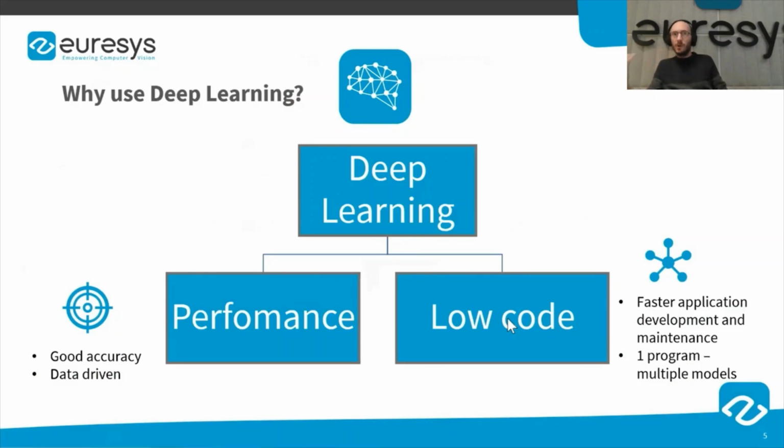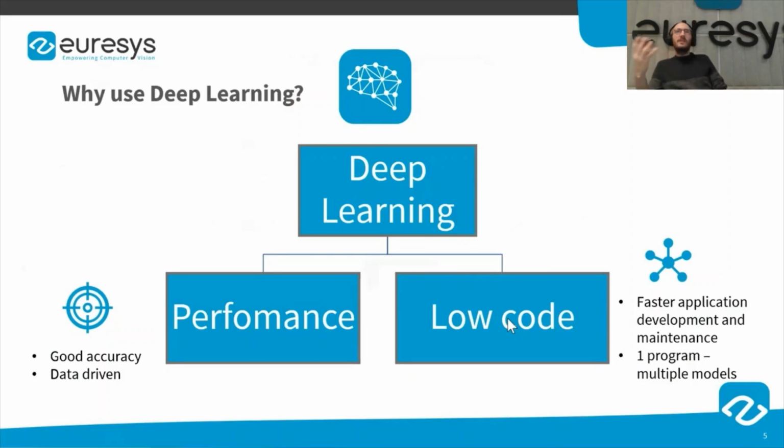Also, from a certain point of view, deep learning applications are kind of low code. By that, I mean that the part of your application that will do the deep learning inspection will require few lines of code compared to traditional rule-based image processing algorithms. So you can develop your application faster, and it will be easier to maintain.